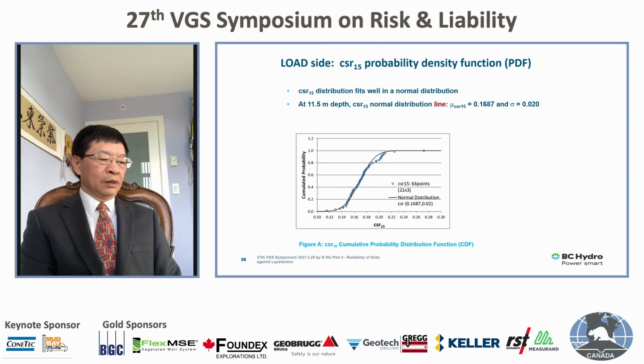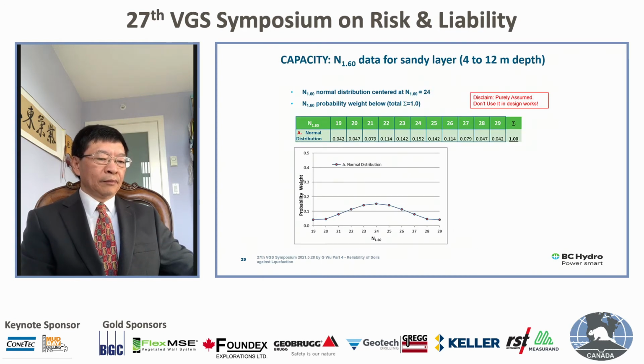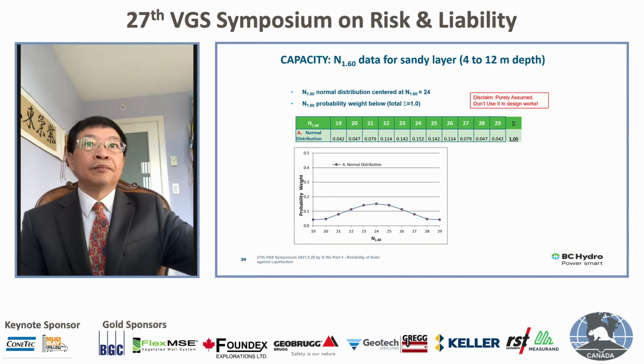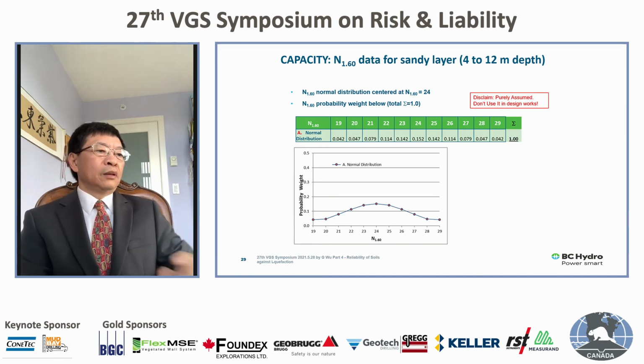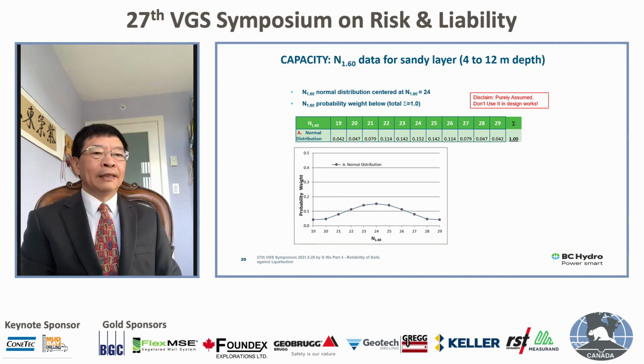The line is from a normal distribution, and the circles are from the actual sampling of the 63 points. Next one, please. So that is the seismic demand.